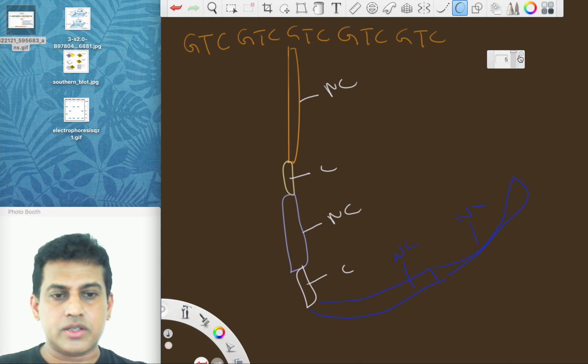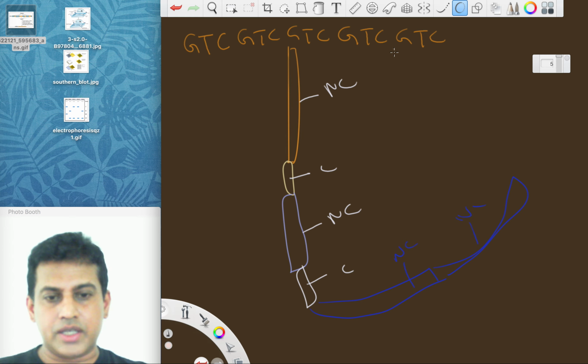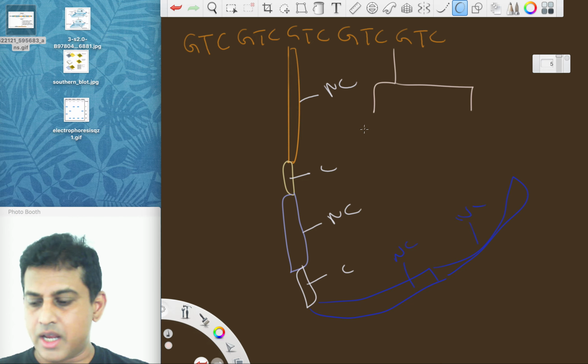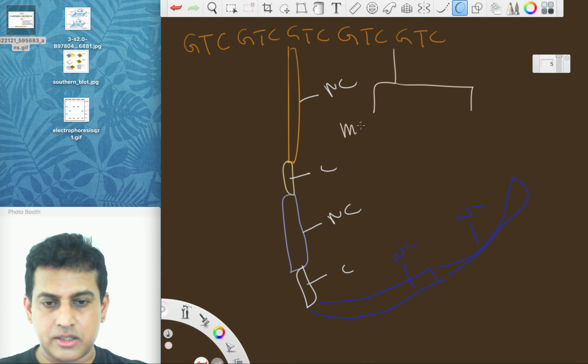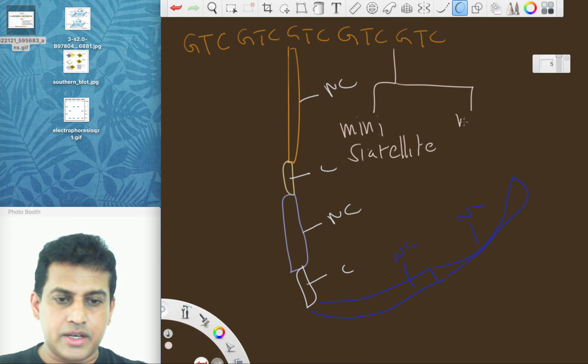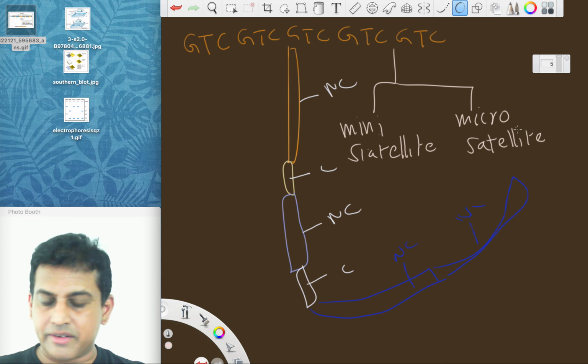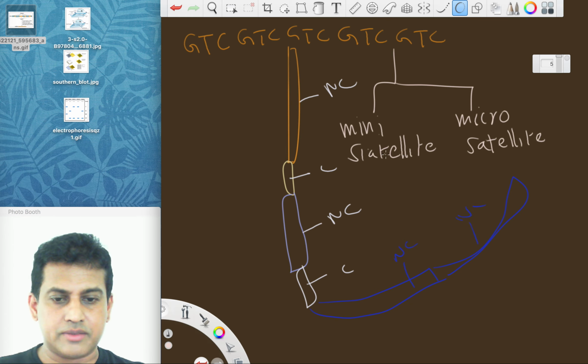Now, based on this repetitive sequence, we can identify two regions. The first region is called a mini satellite. The other one is a microsatellite. So mini satellite and the microsatellites.